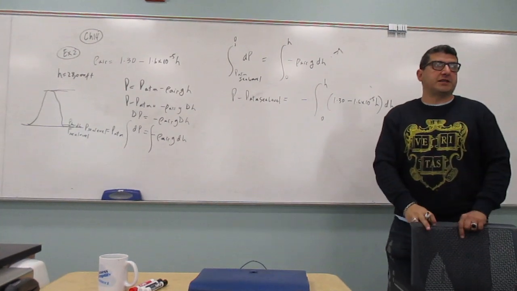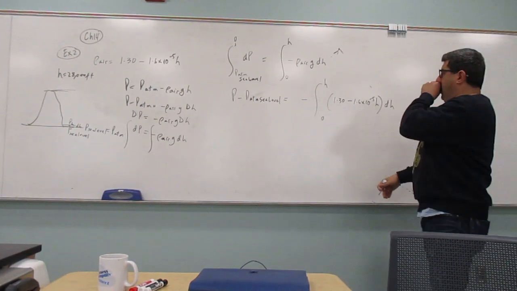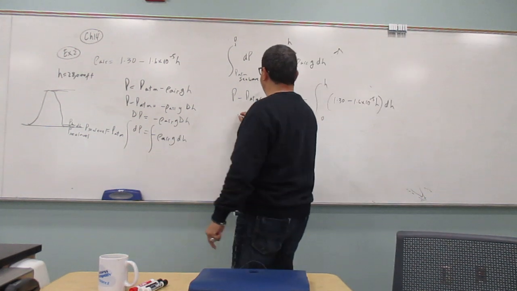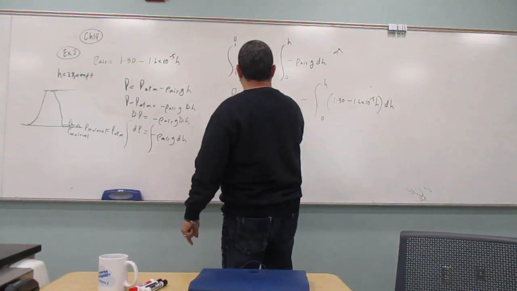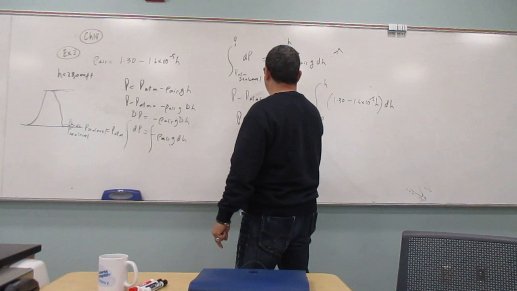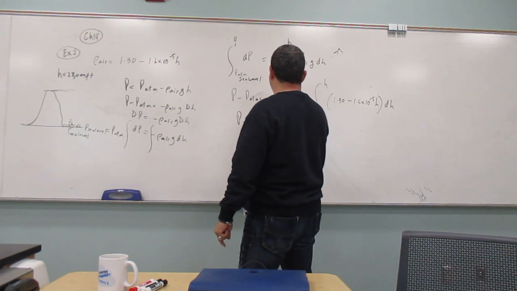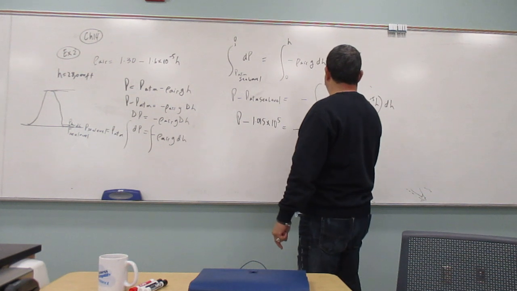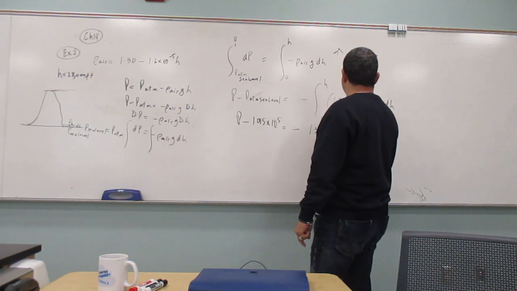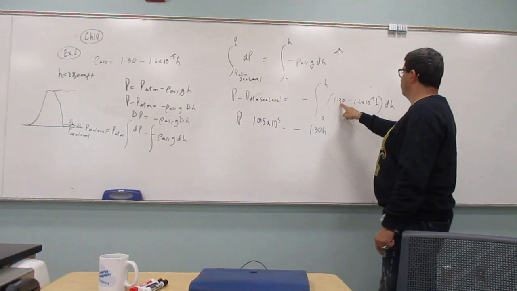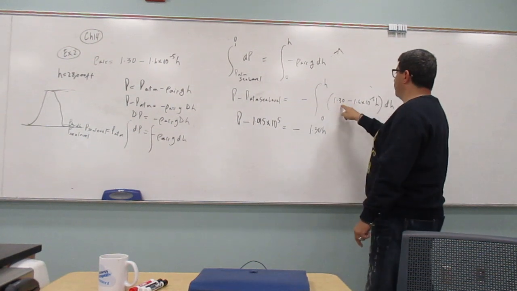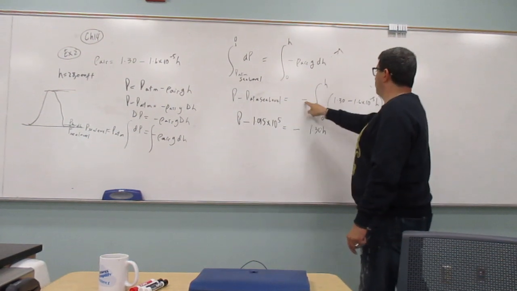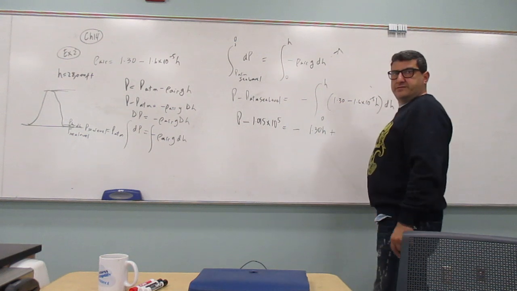Then you can integrate this. So now the integral of this will be P minus, the P atmosphere I can put as 1.15 times 10 to the 5th, right? And then you get minus 1.30H is the integral of this, right? Then I can distribute the negative inside. And then when you distribute the negative there, you get a positive, right?